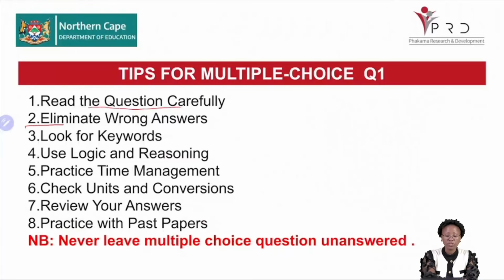Then make sure that you eliminate the wrong answers that you see at first glance, and it's going to make it easy for you to look for the keywords. Make sure that as you go through the multiple choice question, you look at the keywords. And then step 4, use your logic and reasoning to choose the correct answer.